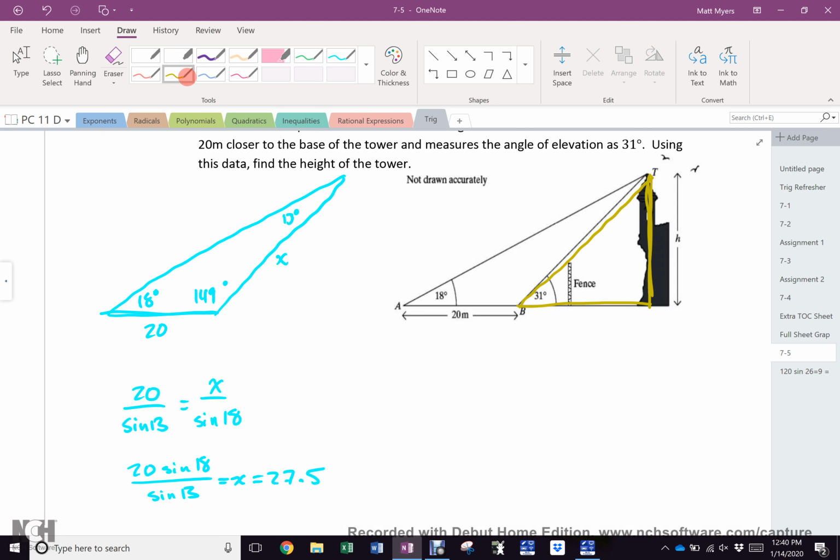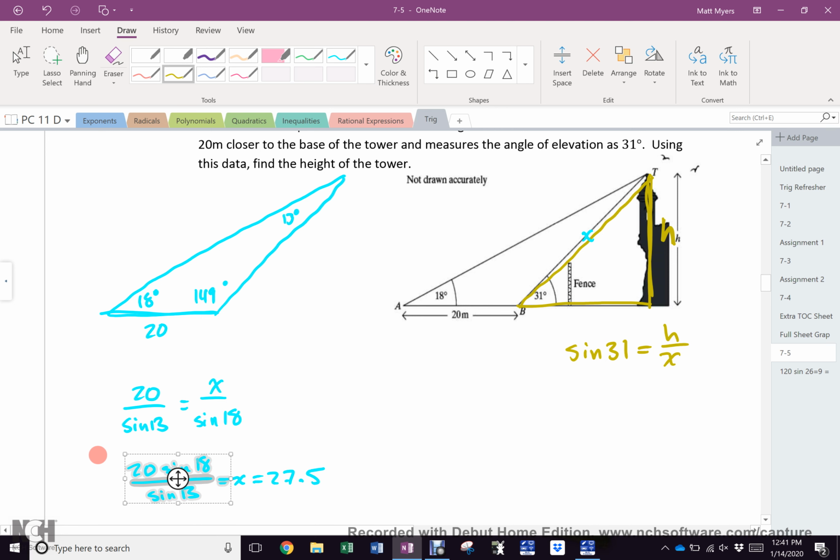What is the answer we seek? H, right? Now, isn't H part of this right angle triangle? And isn't the sine of 31 equal to H, this H, over X? Because X is this hypotenuse, isn't it? We're going to do it all in one thing. That X could be right there, couldn't it? What's X? Don't say 27.5. 20 sine 18 over sine 13.